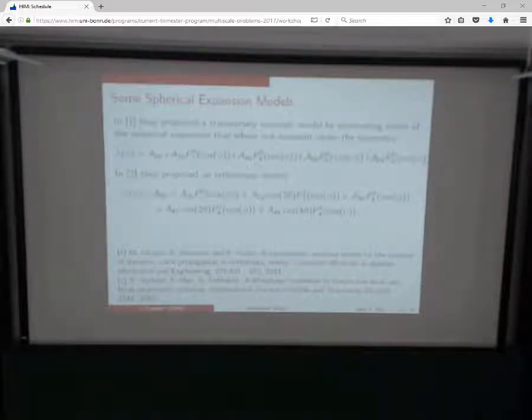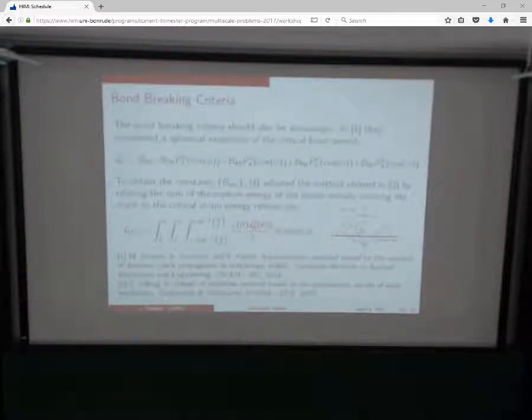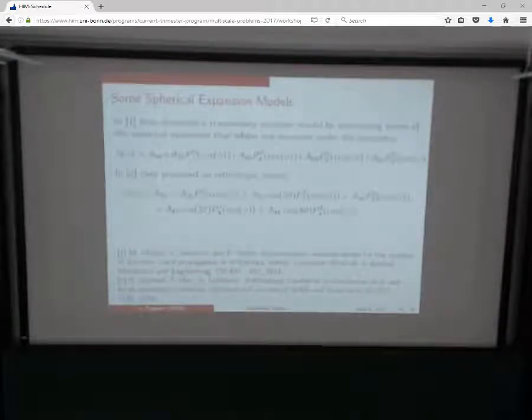All right, so I'm going to talk a little bit about this model here because we made some simulations based on this model in the hopes of being able to adapt it to other types of materials later. So in addition to that micromodulus function, they also wanted to have an anisotropic bond breaking condition. So they assumed that this critical stretch has a spherical expansion as well, in the same form that they did for the micromodulus function.